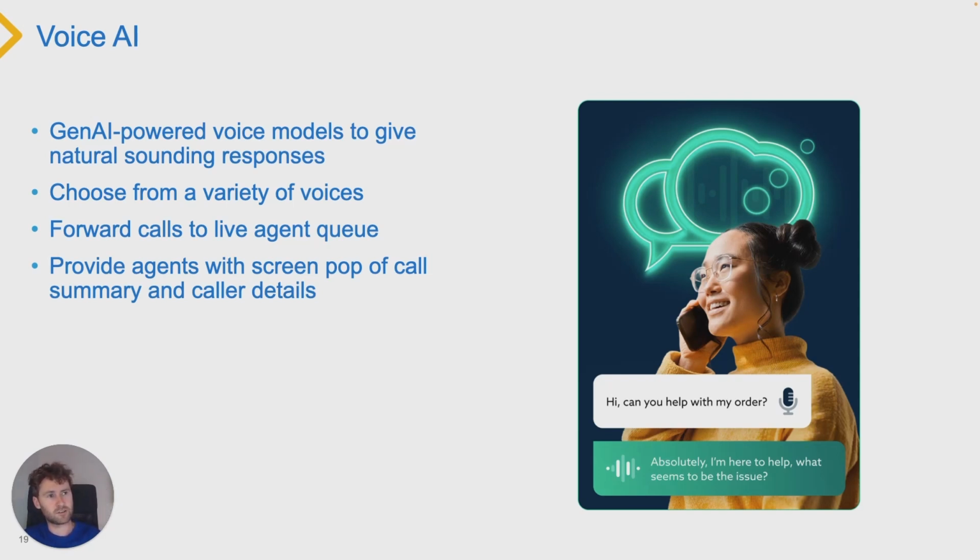So there are two approaches to deploying AI with voice in the contact center. The first, most common approach today is using a speech-to-text layer and a text-to-speech layer to intermediate between the voice that your customer is using and the text-based LLM.